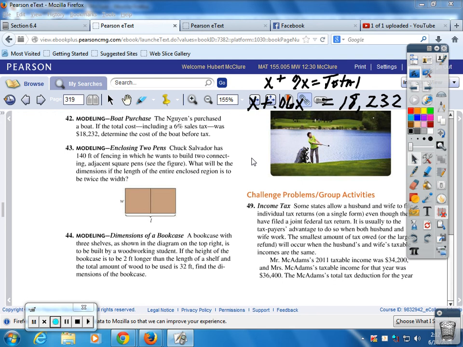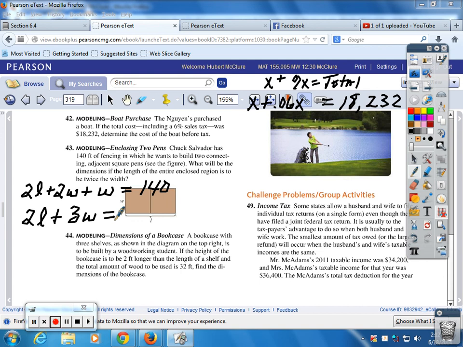All right, so it says 2L plus 2W plus W is equal to what? 140. That's it. And then 2L plus 3W is equal to 140 feet.